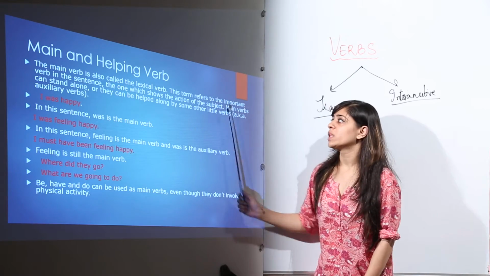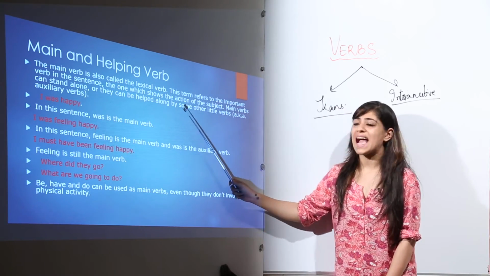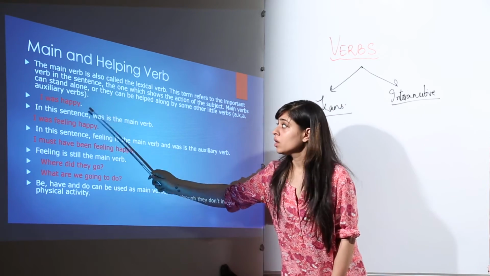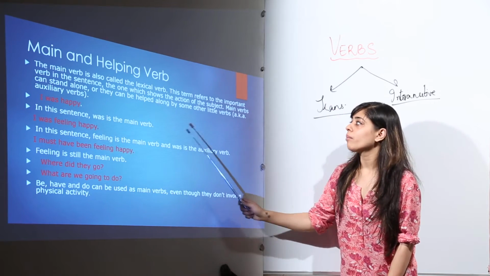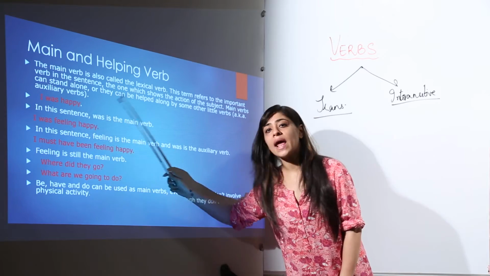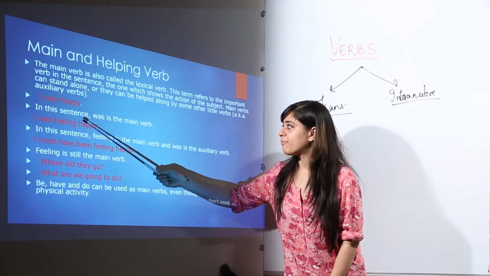This term refers to the important verb in the sentence, the one which shows the action of the subject. Main verbs can stand alone or they can be helped along by some other little verbs, also known as auxiliary verbs or helping verbs. For example, I was happy.